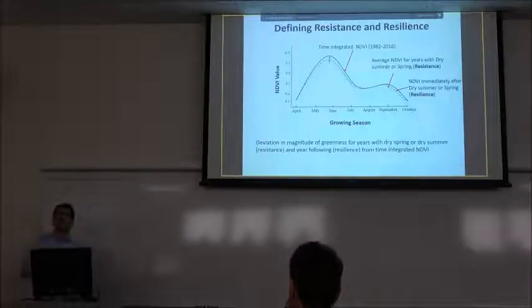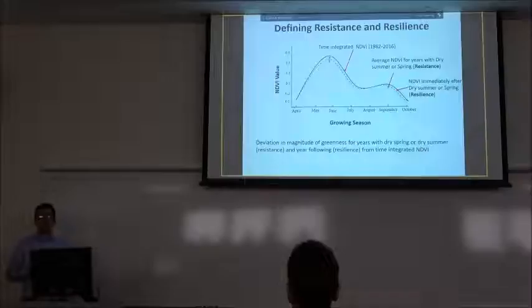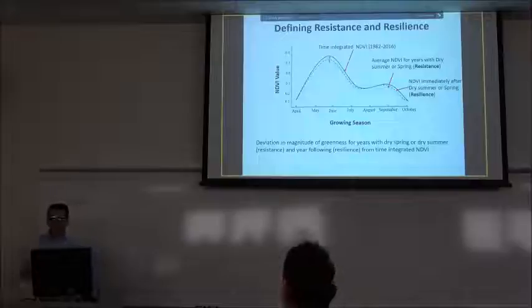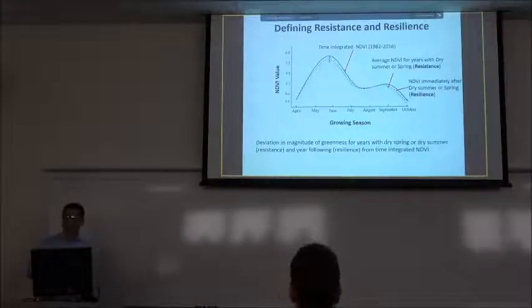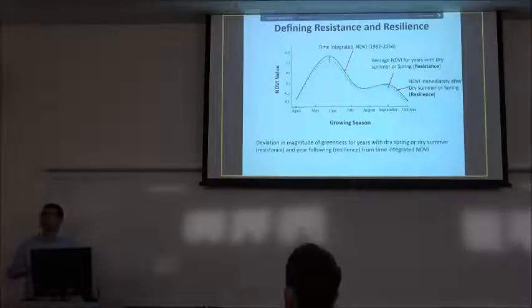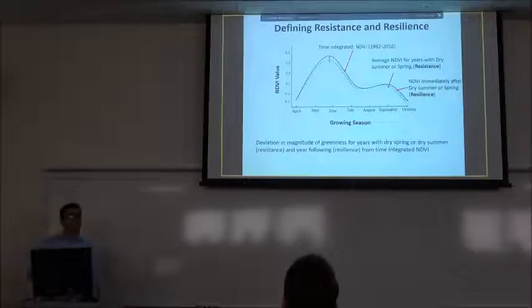After defining the drought spring and summer, our next step will be to define the resistance and resilience. For that, first of all, we will find out the time integrated NDVI from 1982 to 2016. Then we will be finding the NDVI for the years with dry summer or spring, as well as the NDVI immediately after the dry summer or spring.